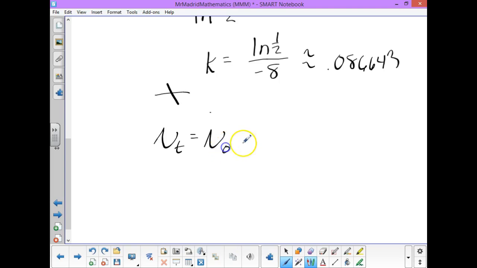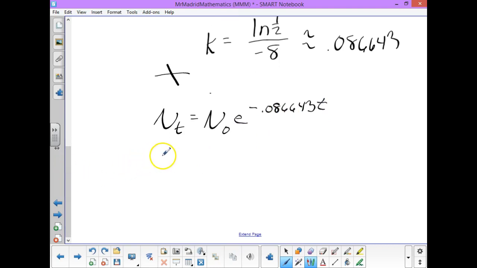N sub t equals N sub 0 e, and we're going to put in the number we got, 0.086643. That's our decay constant right there. And over here we're going to put t.